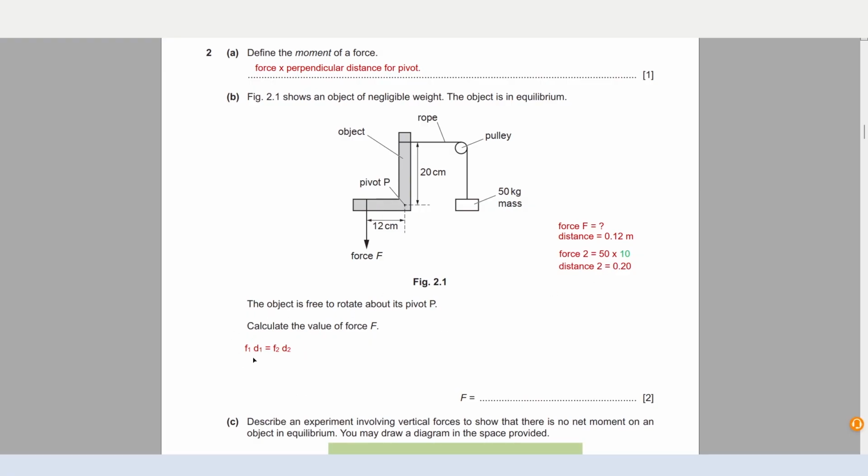So we can plug in our values here, which gives us 500 times 0.2, which is F2 times D2, equals F1 times 0.12, which is the distance here. And we are going to rearrange our formula and get our force, which is 833. And if we round it off, we get our answer as 830 newtons.